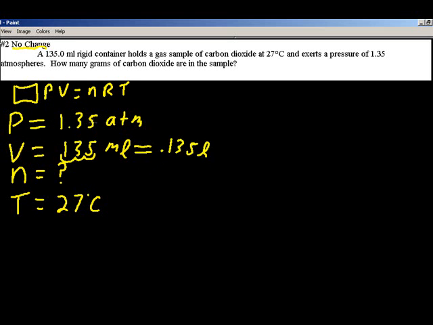The pressure is in the proper units, but the 27 degrees Celsius is not. We're going to have to convert that to Kelvin by adding 273 to it, and that gives us 300 degrees Kelvin.